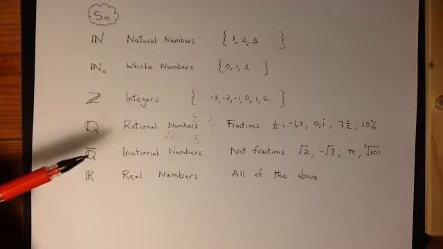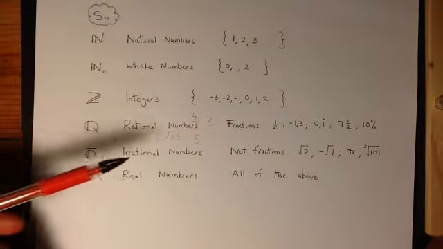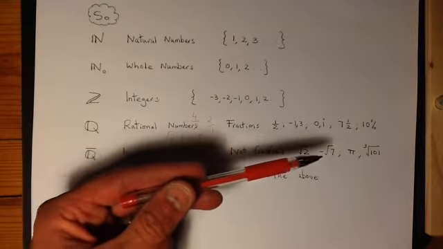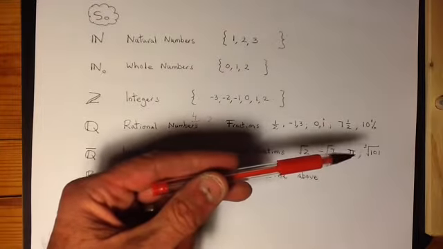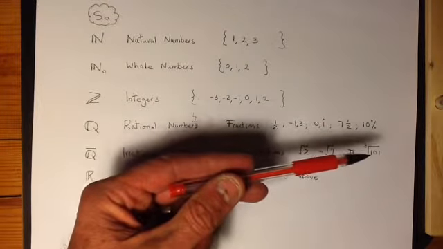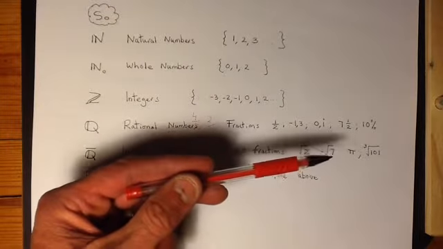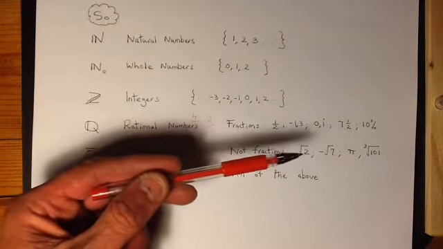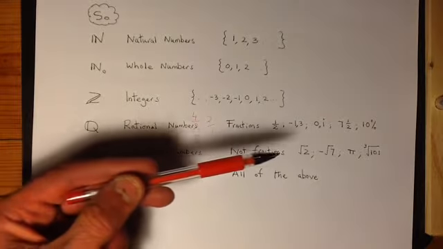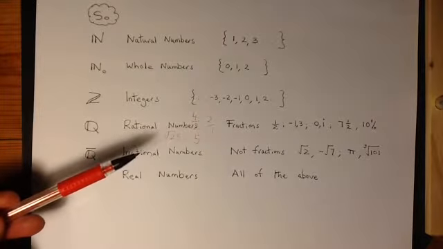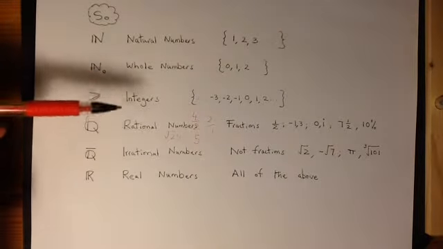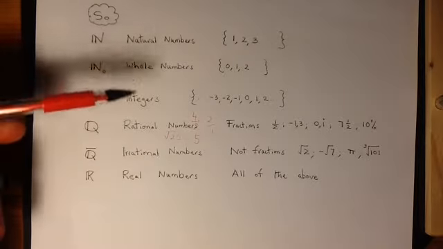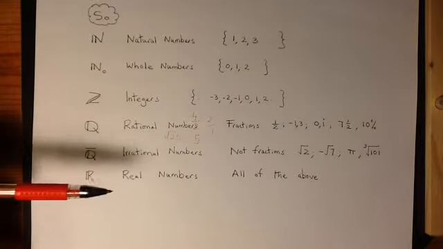Irrational numbers. Not every number can be expressed as a fraction. So numbers like you've got here, cube root of 101, pi, negative root 7, root 2, these are not fractions, they are irrational numbers. And all of these numbers together make the real numbers.